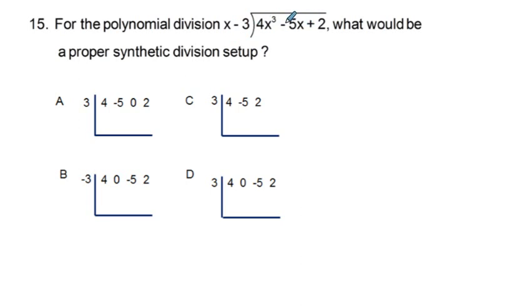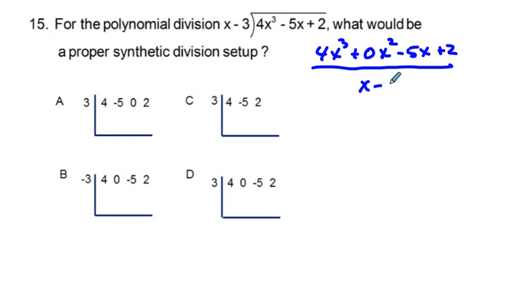To do this correctly, we have 4x cubed, and we don't have any x squareds represented, so we put plus 0x squared. Then we have minus 5x plus 2, and we're going to divide that by x minus 3.